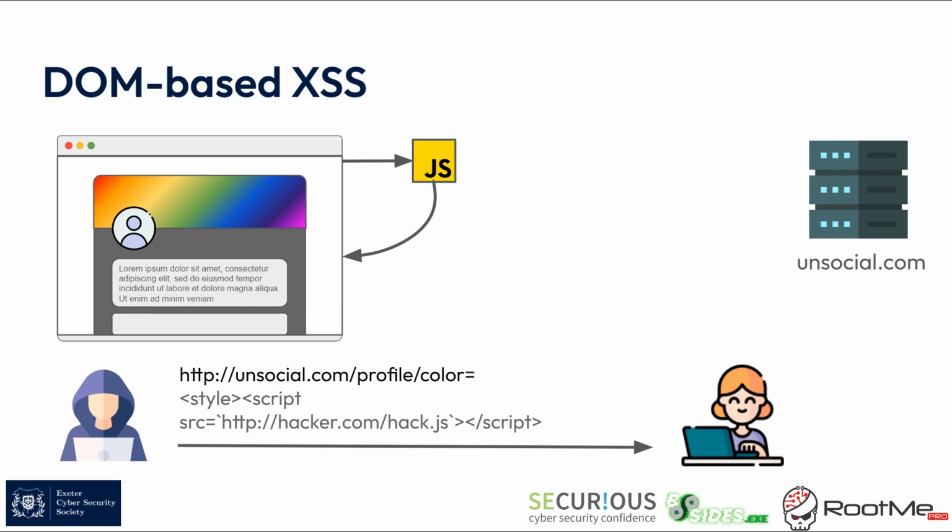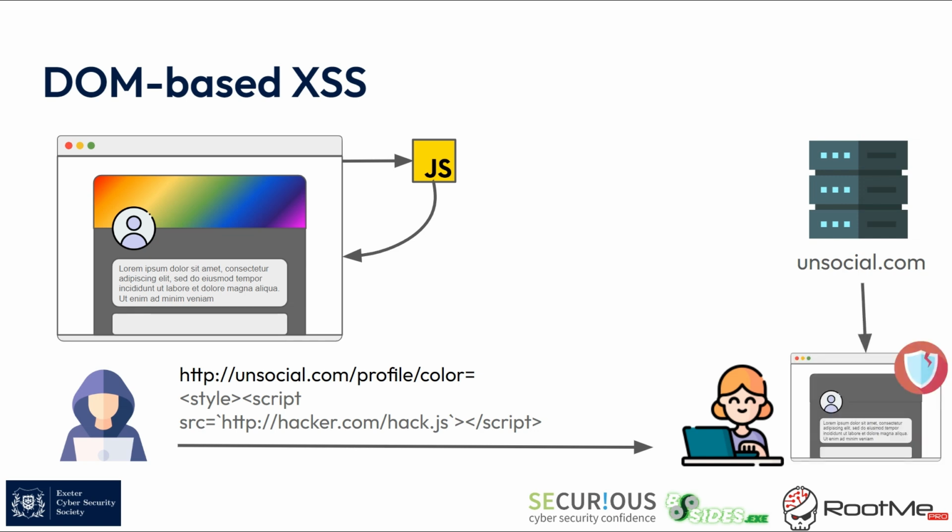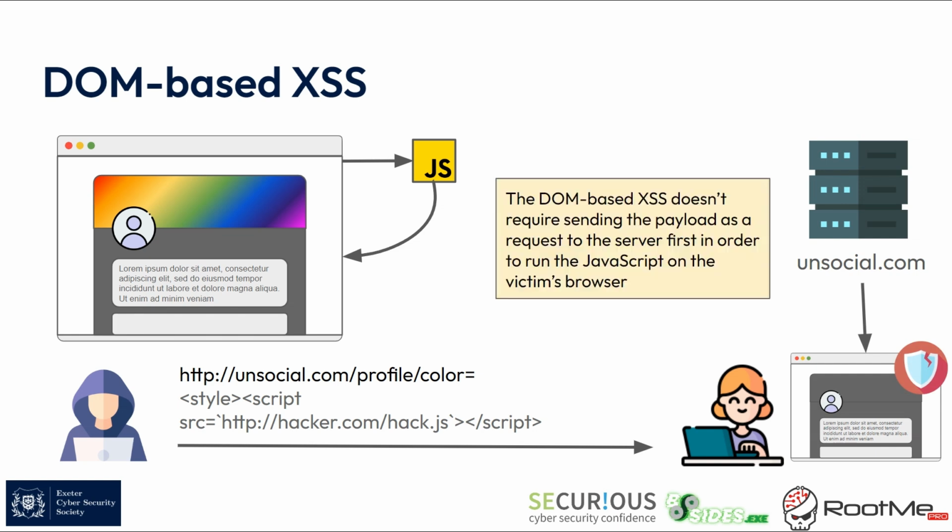What happens is when Alice loads this web page, it's directly vulnerable, even though it doesn't require sending the payload as a request to the server first in order to run the JavaScript on the victim's browser. So this kind of attack will directly affect any person who opens the link without actually having to interact with the server first.